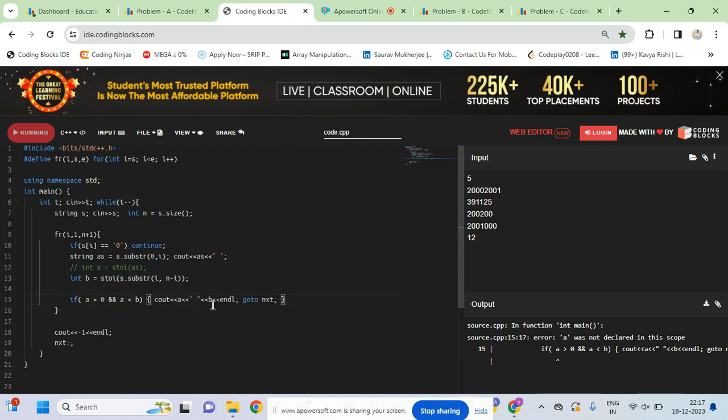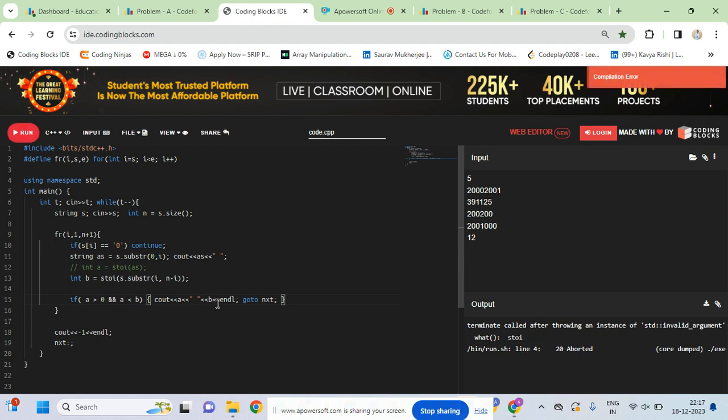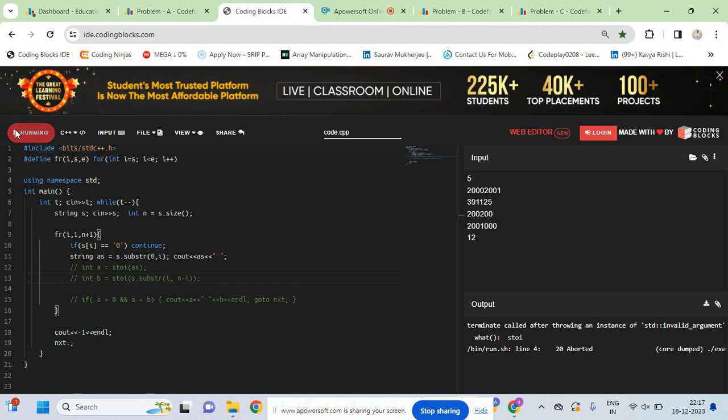Then, invalid argument in this part. Started i. What is the issue?